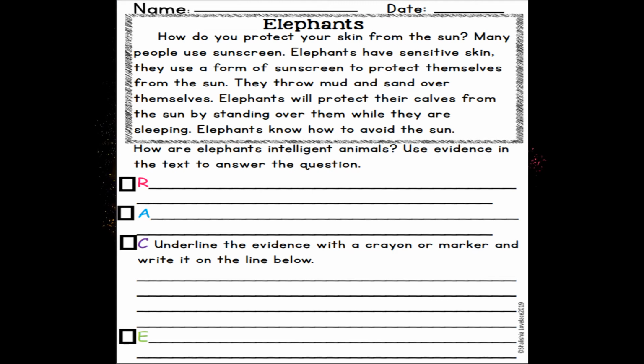Elephants will protect their calves from the sun by standing over them while they are sleeping. Elephants know how to avoid the sun. The question that we will be restating and using the RACE strategy is, how are elephants intelligent animals? Use evidence in the text to answer the question.